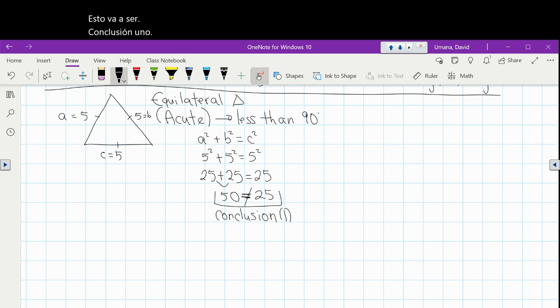But if I say that 50 is not the same as 25, what else is true? What's a different way of saying kind of the same thing? How do they compare? How does 50 compare to 25, size-wise?